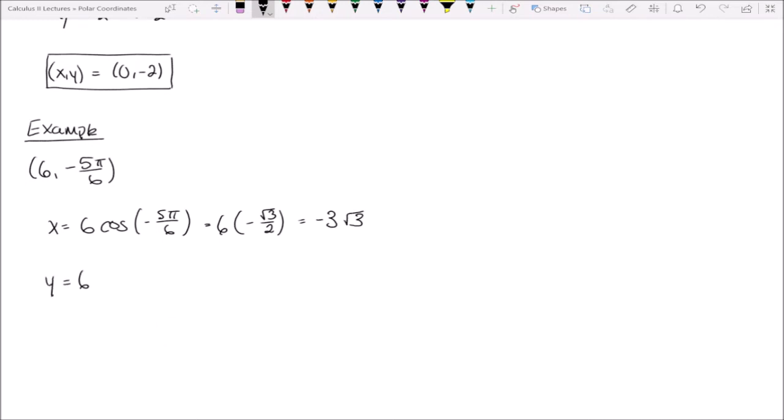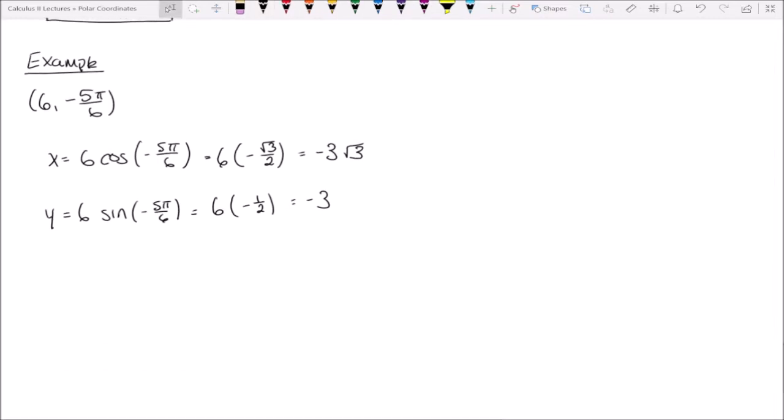Y will be 6 times the sine of negative 5 pi over 6. Sine is negative a half, so we get negative 3. Right? So in rectangular, negative 3 root 3, comma negative 3.